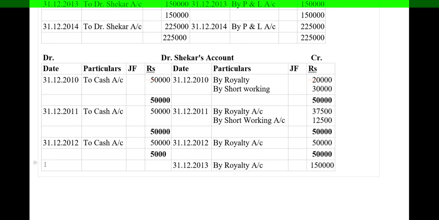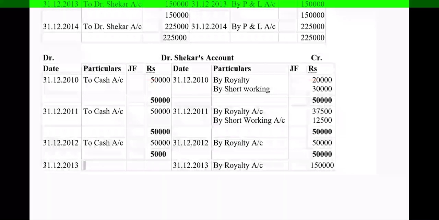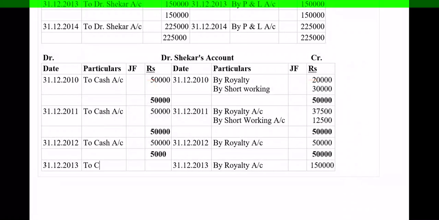Then when it is paid on 31st/12/2013, then the entry will be Dr. Shakers account debit to cash account. Just a minute, let me see. So here it is 1,50,000.